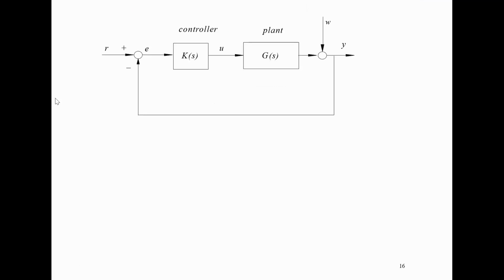All right, so here, this is the unit output feedback system while we are considering the servo control problem.